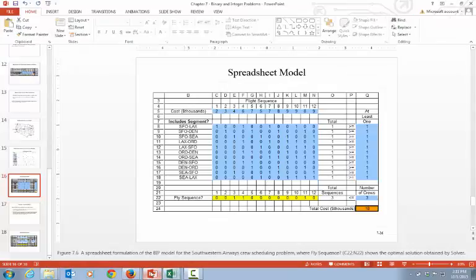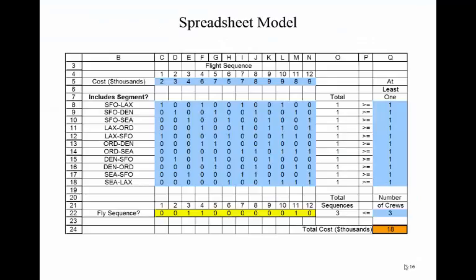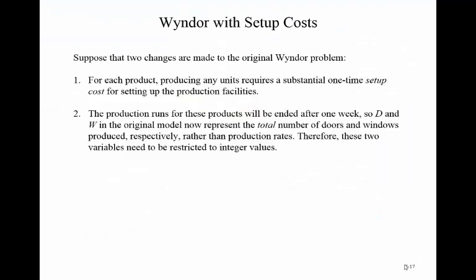So the last one that we want to cover here is an extension of our WinDoor. The only thing different now, we've looked at WinDoor for several chapters now, but now we have a one-time setup cost. In other words, if we decide we are going to make some doors, we're going to incur some expenses to set the production facility up to be able to start making doors.